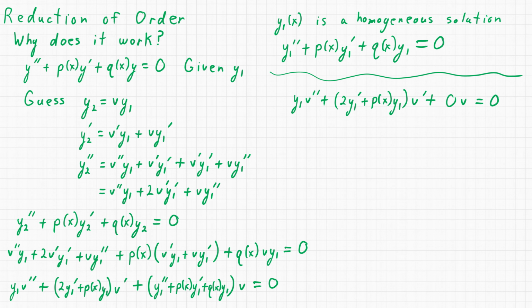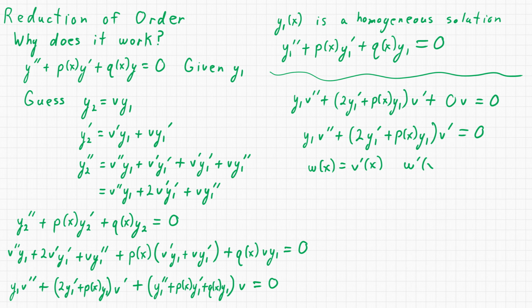And then from there, if I just get rid of the 0v, I have y1 times v double prime plus 2 y1 prime plus p of x times y1, times v prime, equals 0. And then the reduction of order trick we usually use, to make it a little more intuitive and less confusing to solve the problem, is we'll say w of x equals v prime of x, then w prime of x equals v double prime of x.